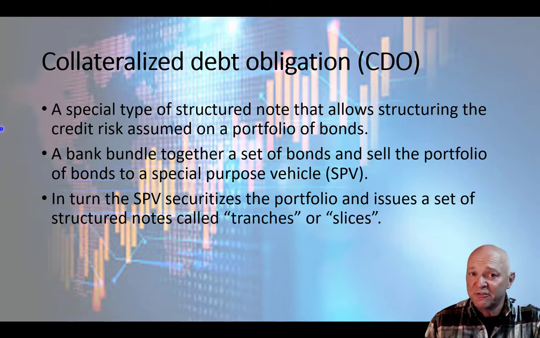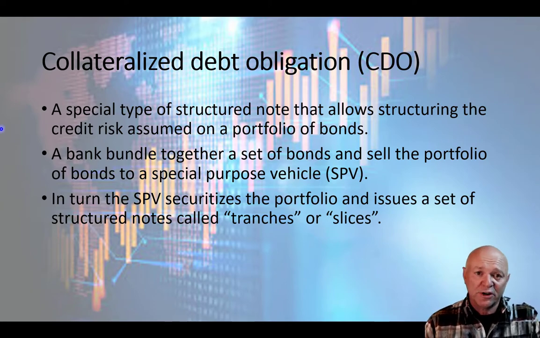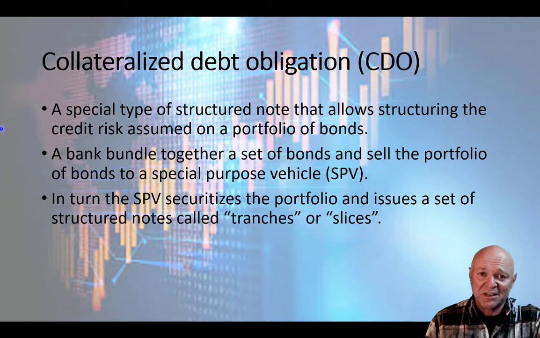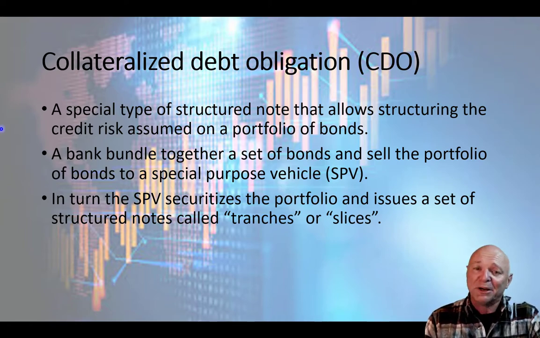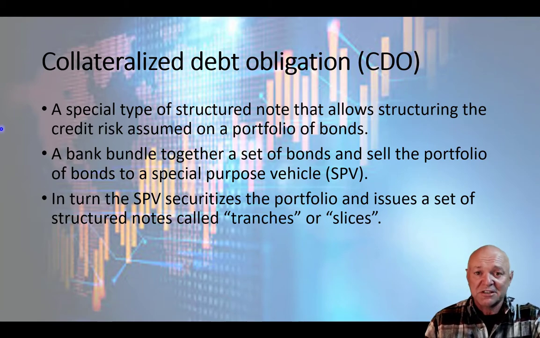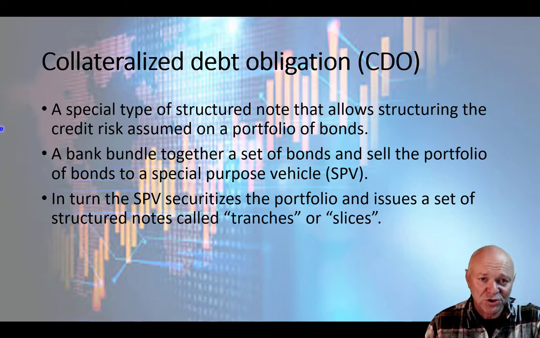This special purpose vehicle essentially is going to be managed not by the bank itself but by a trustee. So the trustee will put those together and will create essentially a bundle of securities based on the original investment. The special purpose vehicle creates new securities, and then sells those in tranches or slices. Tranche is just the French word for slice.